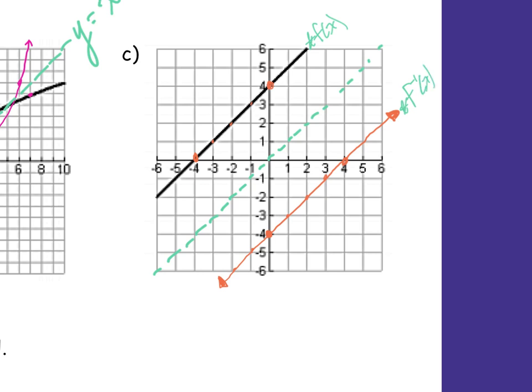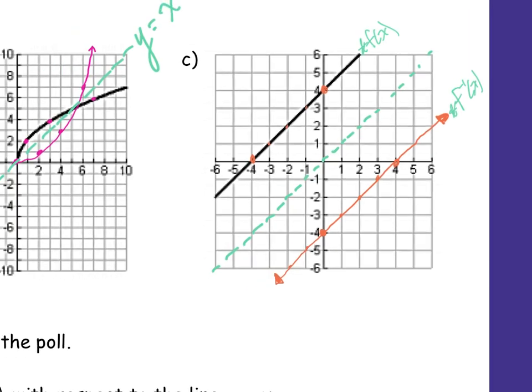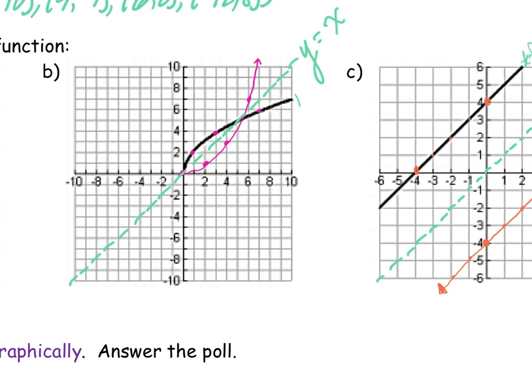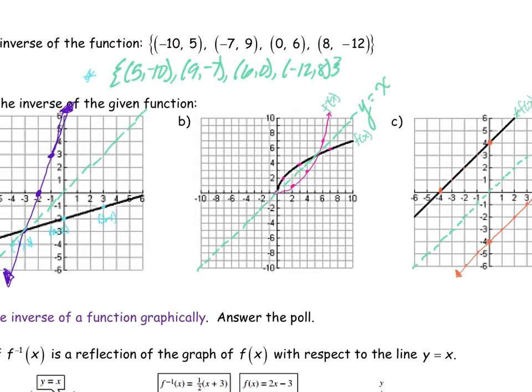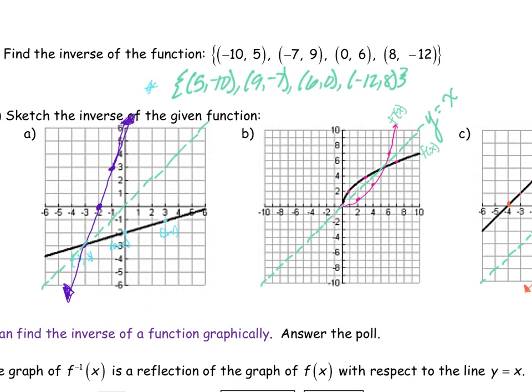Same over here: f of x, or g of x, or whatever you want to call it, and f inverse of x. That's all. You don't have to draw the other line in there. I just made an observation.